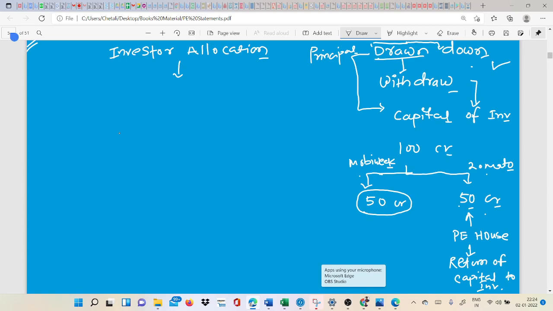And the other one is investor allocation. Investor allocation, see, it's very simple. What do we allocate to the investors? We allocate capital, or their contribution, that you can call it, correct?